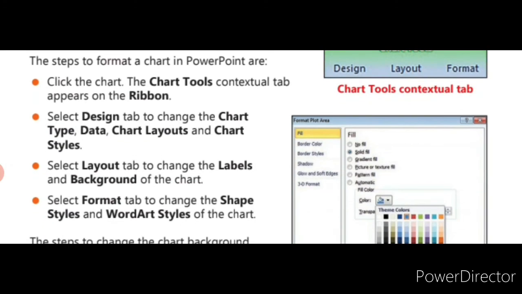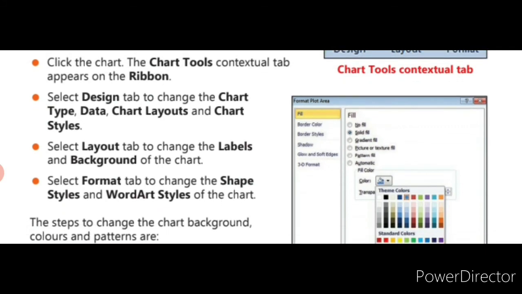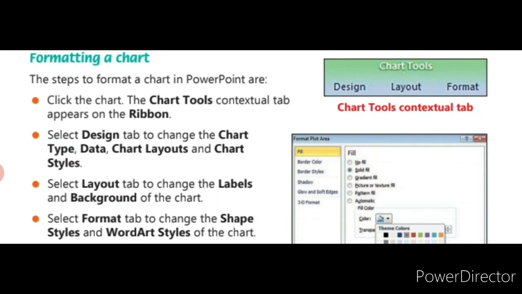See this format plot area. This window shows how to select the background color. Right click on the plot area of the chart. Select format plot area from the context menu. The format plot area dialog box appears. Click the desired button to perform on the chart plot area. So first you need to right click on the plot area of the chart.